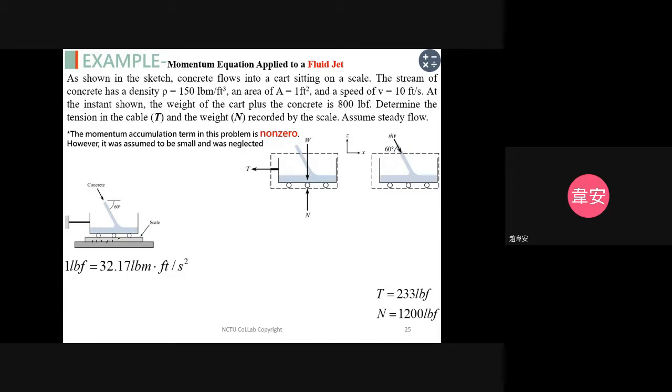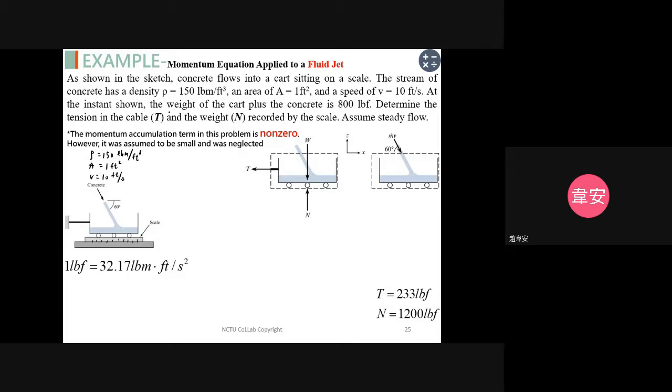The concrete flow has a density of 150 pound mass per cubic foot, and the area of the concrete flow is 1 square foot with a speed V of 10 feet per second.